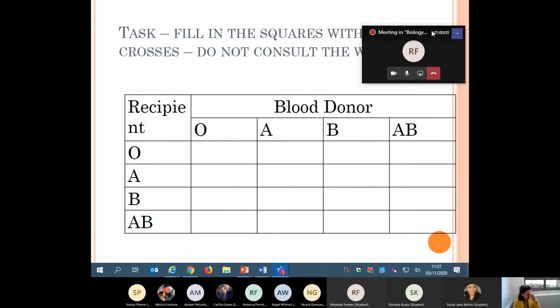Can you quickly do a sketch of this table in your notepad, and put in a bunch of ticks or crosses, depending on whether that particular combination of blood donor and recipient is allowed, it's good to go, we're safe, or whether it's not a good idea.